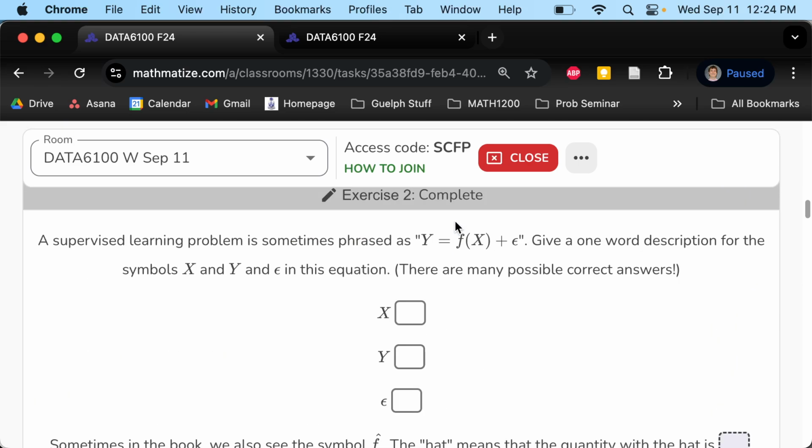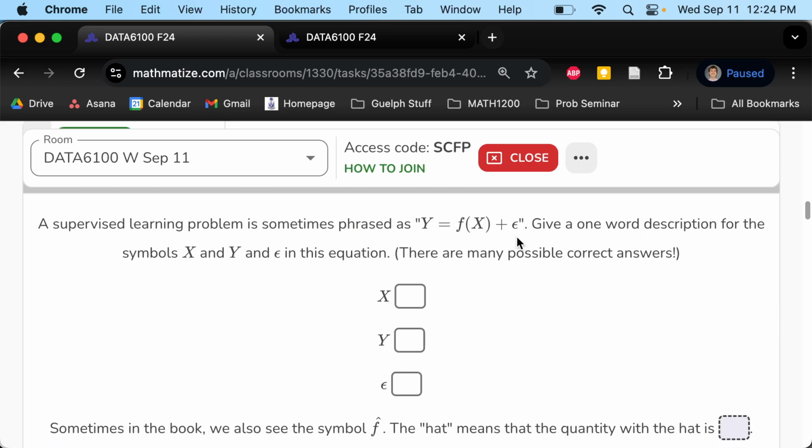So when you see y equals f of x plus epsilon, the f is the real f in real life that determines the relationship between number of hours and your grade. We cannot ever learn the real f. The best we can do is f hat, which is our prediction of what f should be. There's going to be many quantities that have a hat. So they have something in real life, something that we calculate, and the hat is our estimate, our prediction. So that's what the hats are.